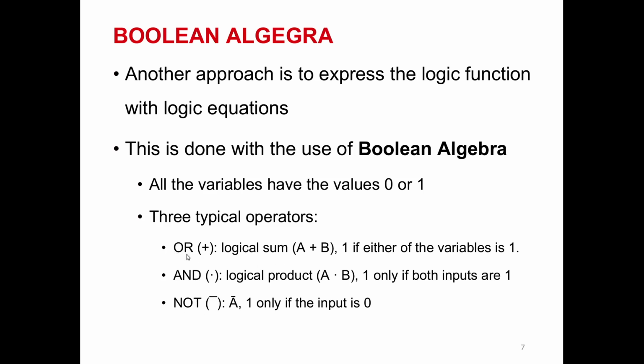And as I said before, the OR logic is a sum of A and B, and it will be 1 if either of the variables is 1. For the AND logic, it will be 1 only if both inputs are 1, and for the NOT value, it will be 1 if the input is 0.